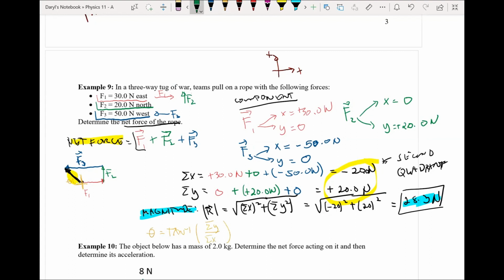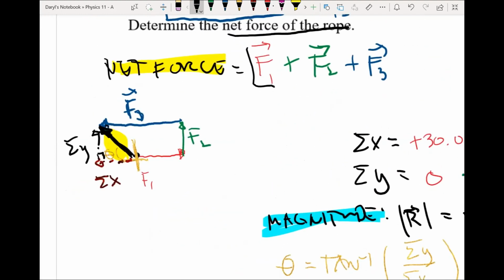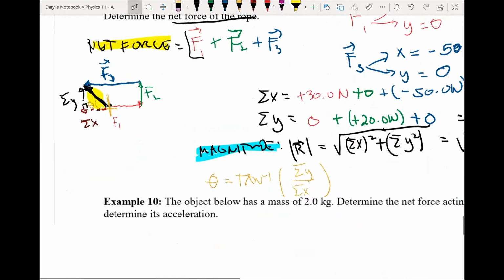Again, where did I get this? If you draw lines perpendicular to each other, this is your summation of x, and this would be your summation of y. In this triangle, the opposite is the summation of all the y's, and the adjacent is the summation of all the x's.